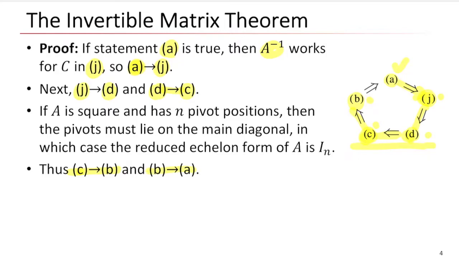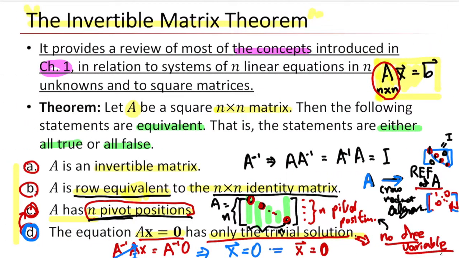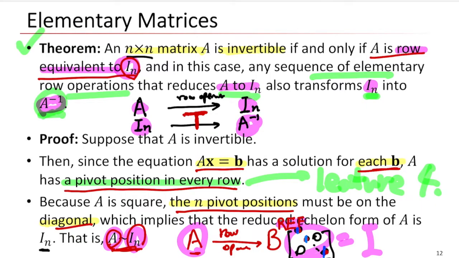Then what about B to A? If A is row equivalent to the n by n identity matrix, then A is an invertible matrix. Why? To understand this, we have to go back to lecture 5.2.